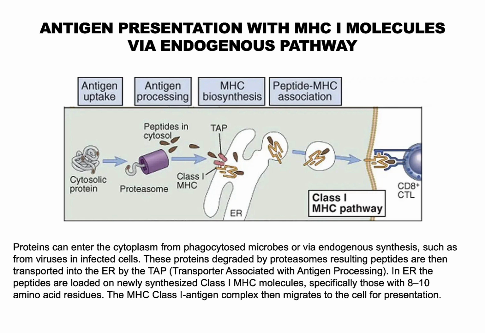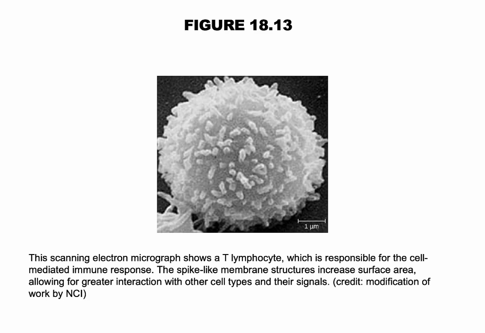In this section, T cell maturation and thymic selection will be discussed. In addition, T cell diversity generation, subtypes of major T cells, and the role of superantigens will also be discussed.